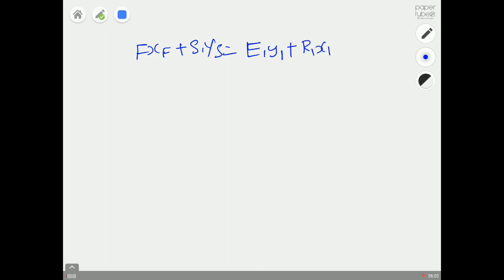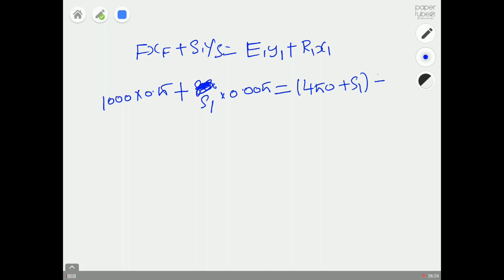So F is 1000 multiplied by 0.5, plus S1, which we need to find for 90% removal of acetone, multiplied by 0.005. That should be equal to E1, which we calculated just now, 450 plus S1, then plus R1. R1 should be equal to 550, multiplied by, oh sorry, we also need to multiply E1 by y1 here.